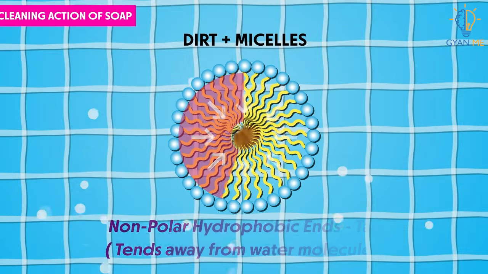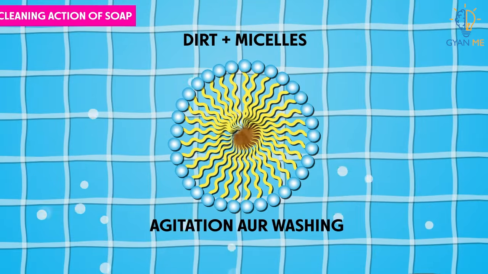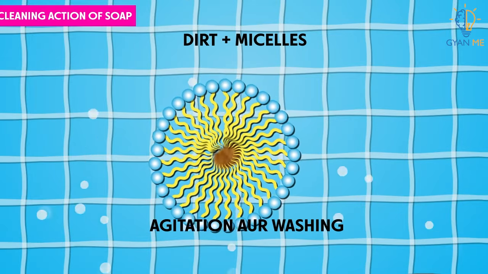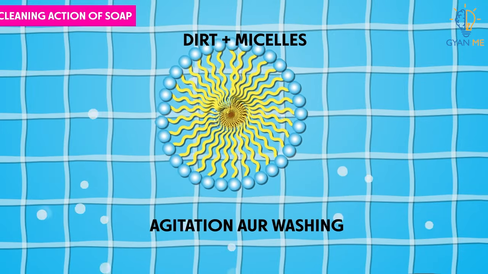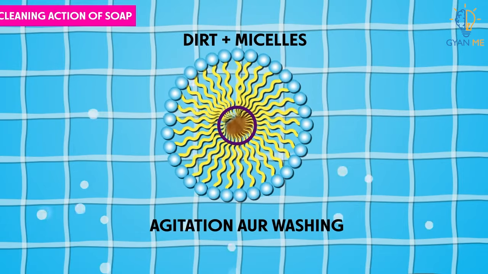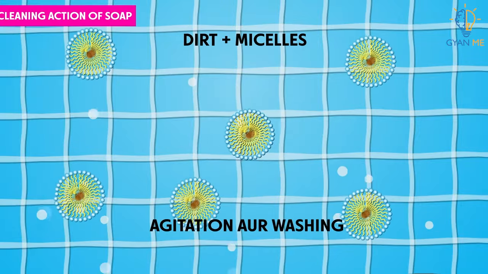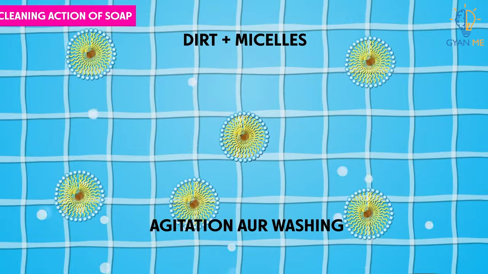or oil. The agitation of washing helps these micelles to leave the surface of the cloth and they get washed away along with the water, carrying the dirt molecule or oil stain with them. Along with the micelles, the dirt or oil also gets washed away as it is trapped inside.